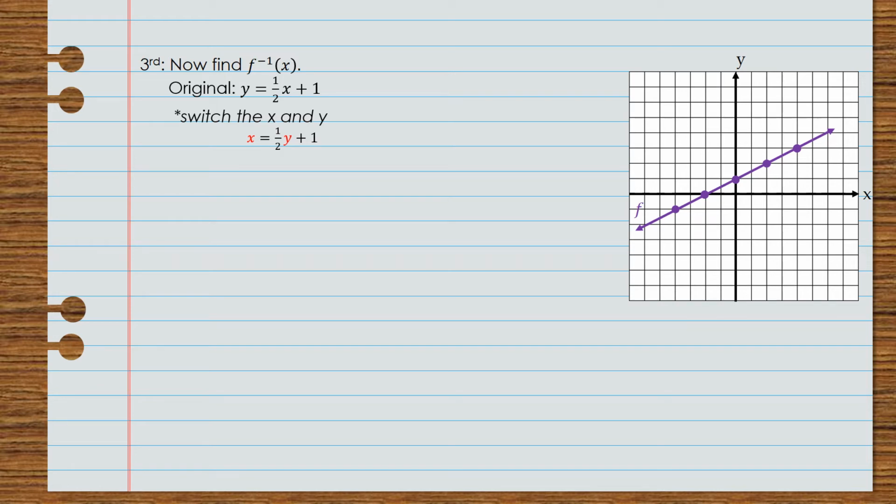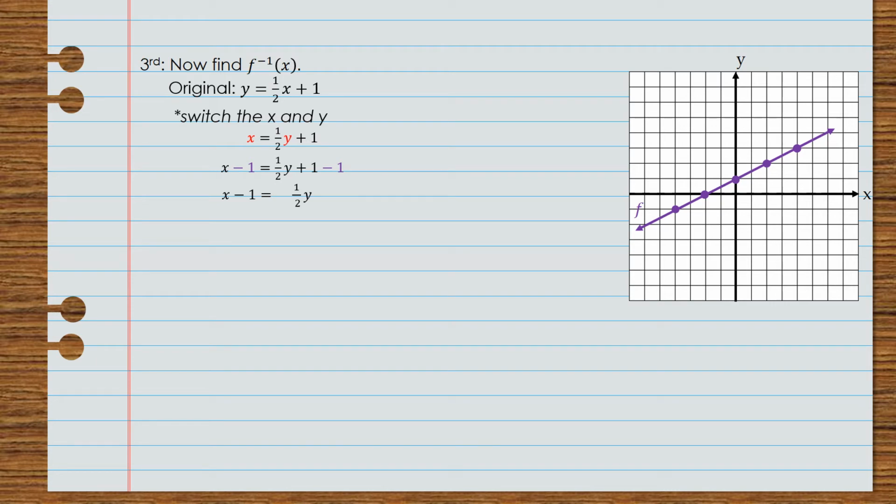Well, to find the inverse function, it means you need to get y by itself. So looking at the equation, notice we have y on the right side of the equation. Well, what else is on the right side but does not have a y attached to it? Well, that would be the plus 1. So how do you undo adding 1? You subtract 1. So we subtract 1 from both sides, which now gives us x minus 1 equals 1/2 y.